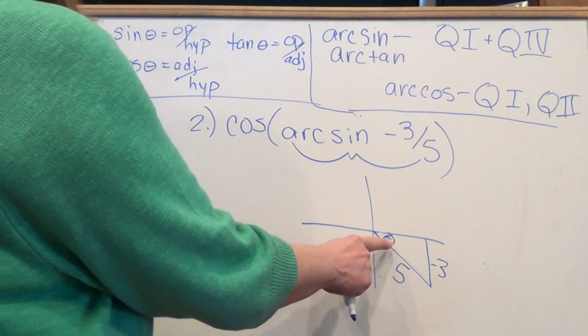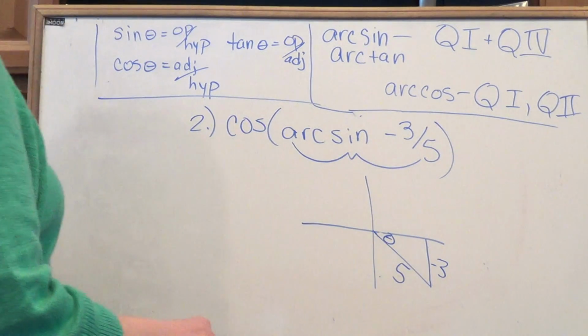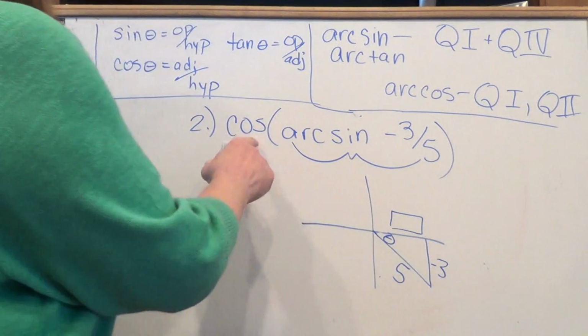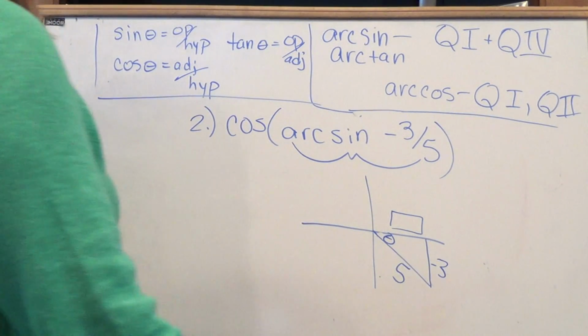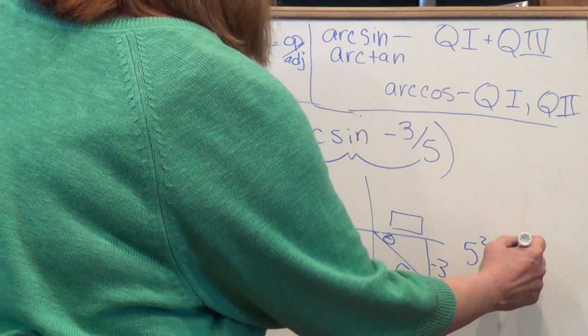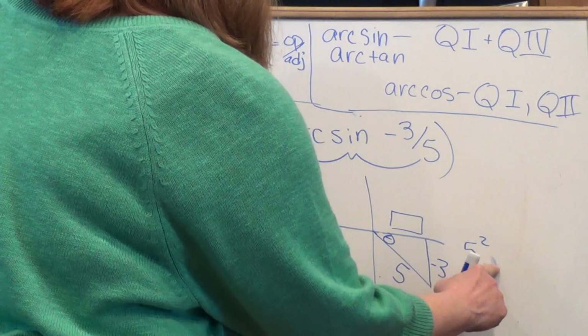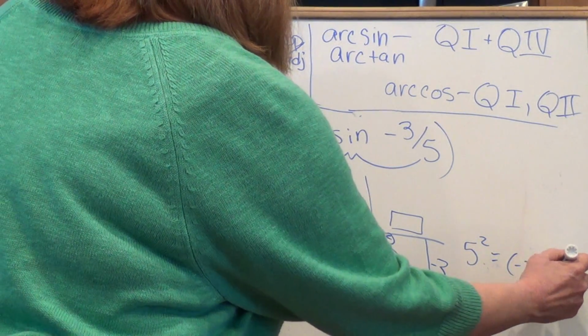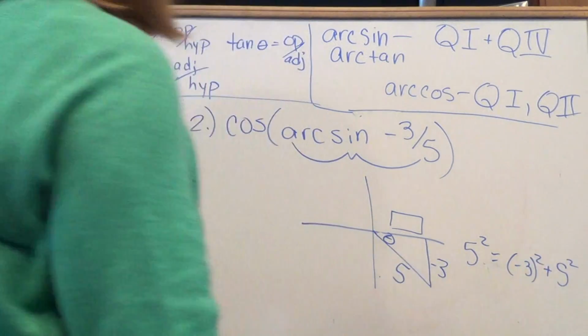Even though we don't know what that is, we can complete the problem by finding this unknown side and taking the cosine of the triangle. So this is 5 squared equals -3 squared plus the unknown side, I'll call it s squared.